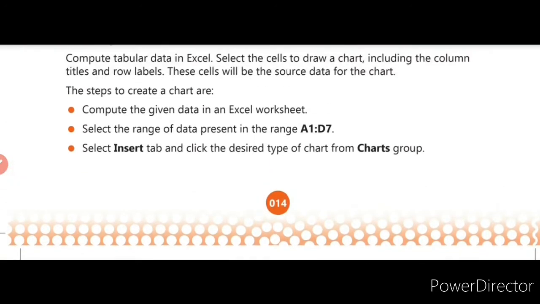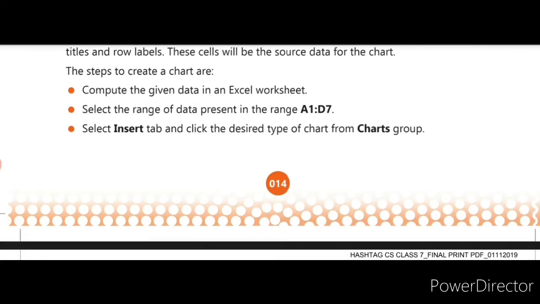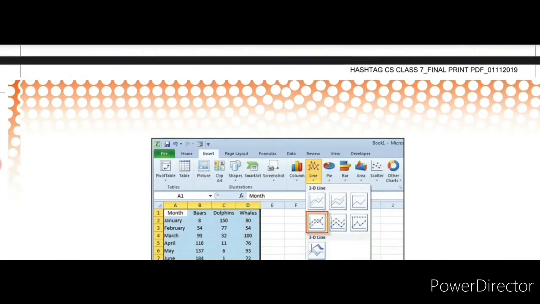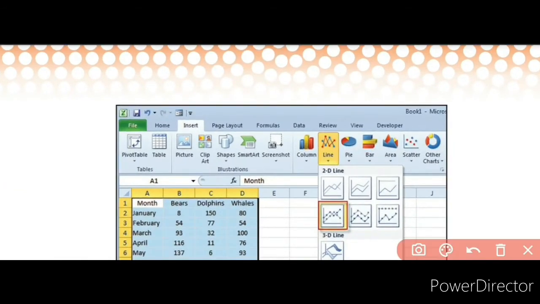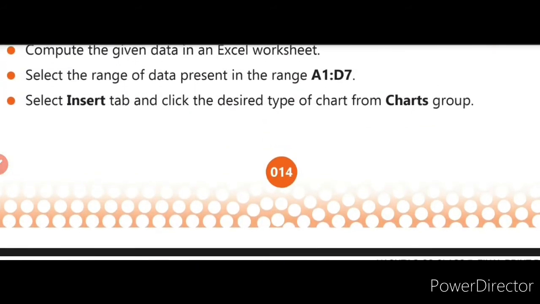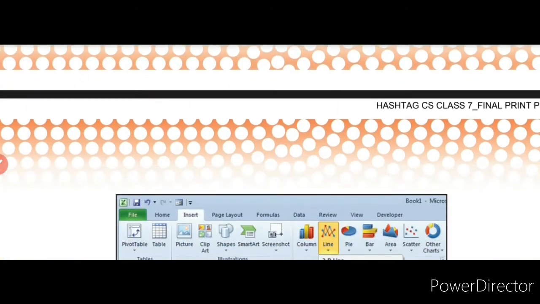After selecting the data range A1 to D7, we need to click the Insert tab and click the desired type of chart from the Charts group. After selecting the range, you need to select the Insert tab, which is present at the top of your window. Click the Insert tab, then select the chart type from the Charts group.